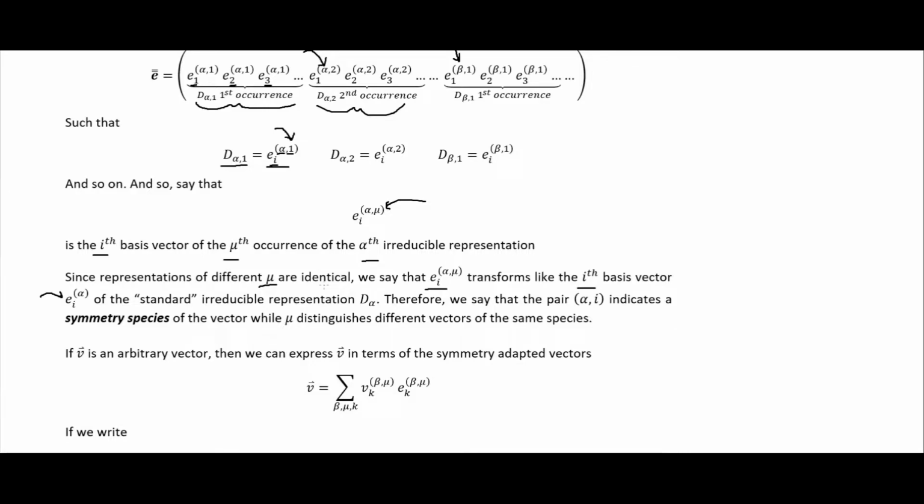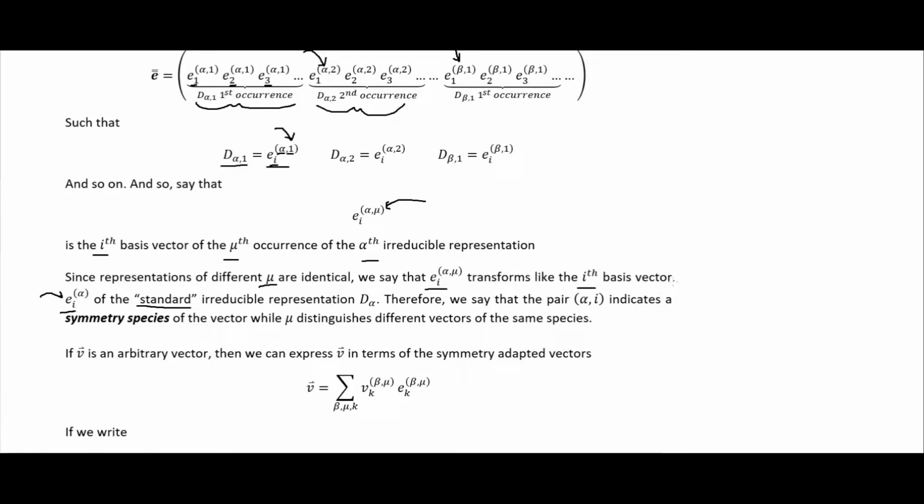So a basis vector I of the alpha representation in each muth occurrence of it will transform the same way, so there is a standard way that it would transform.